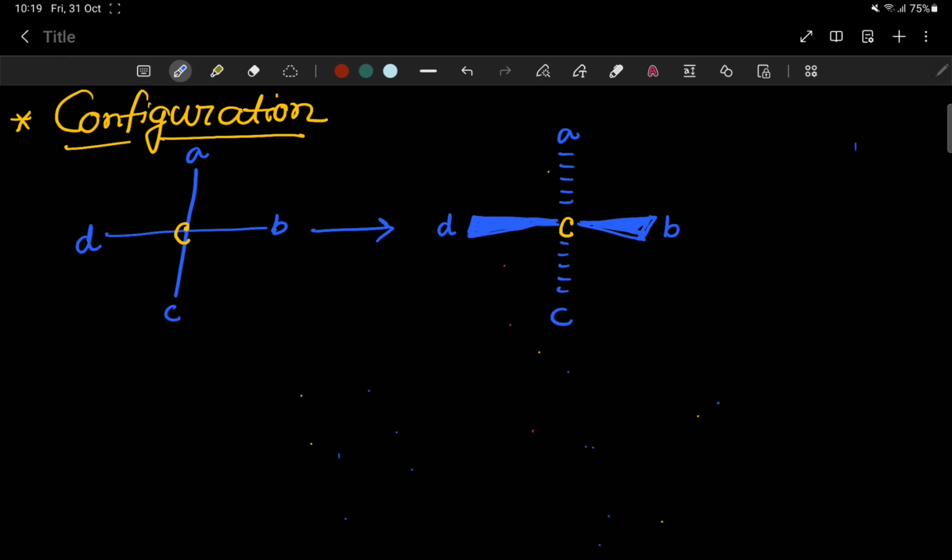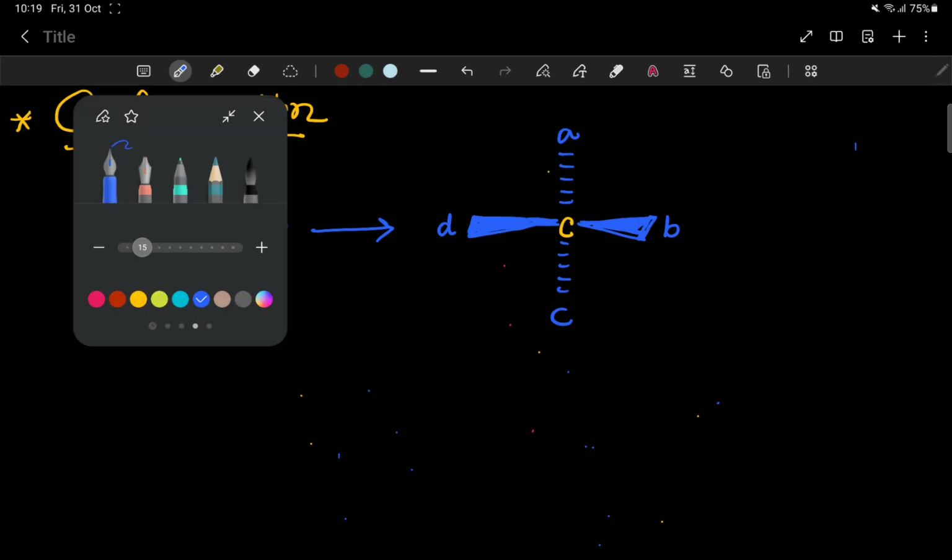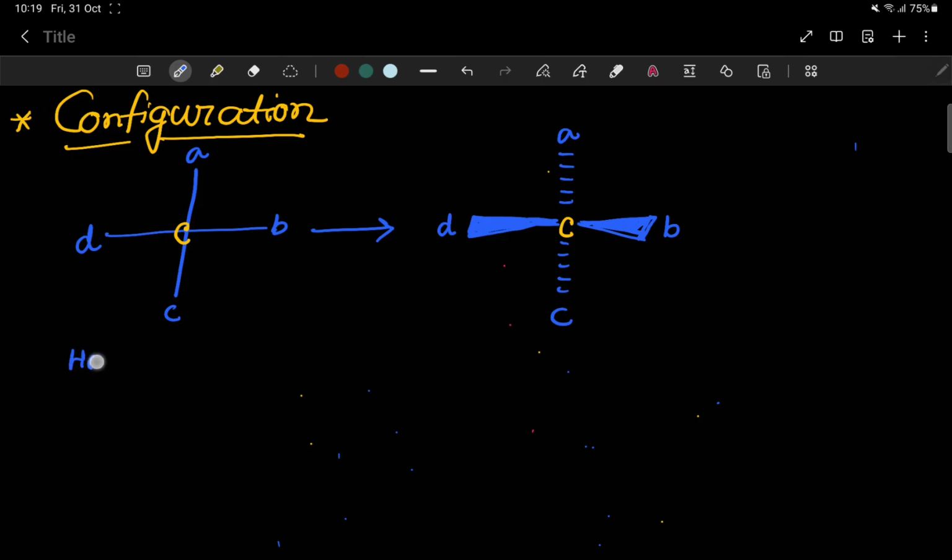So what does this actually represent? Let me tell you everything. This horizontal line is wedge.